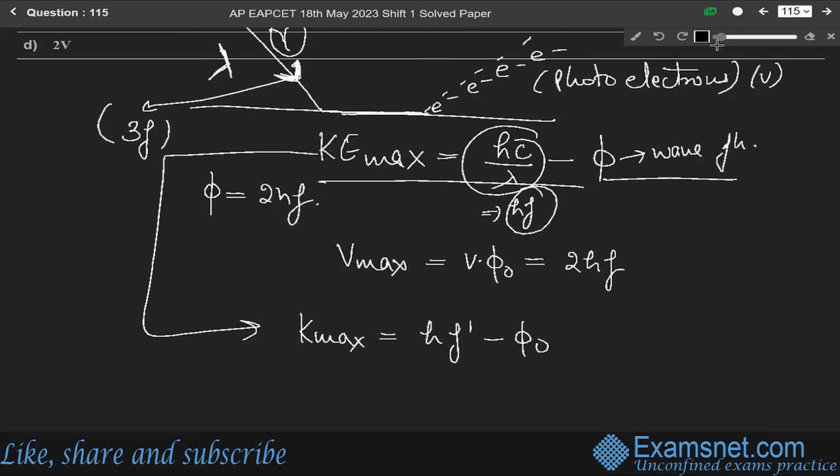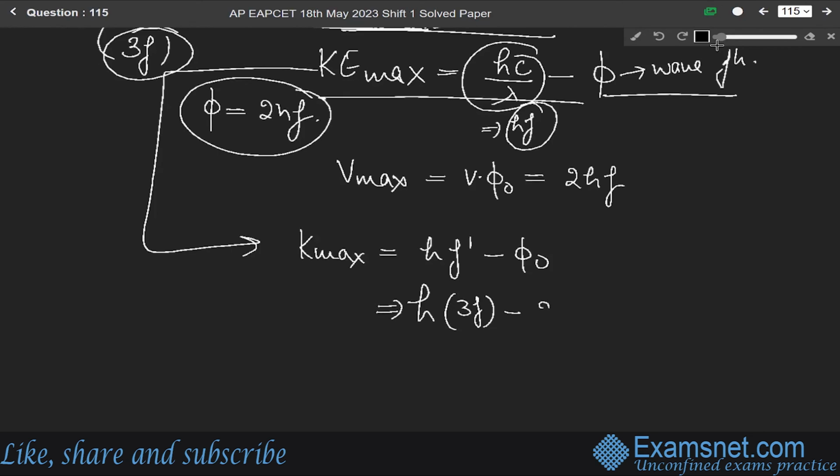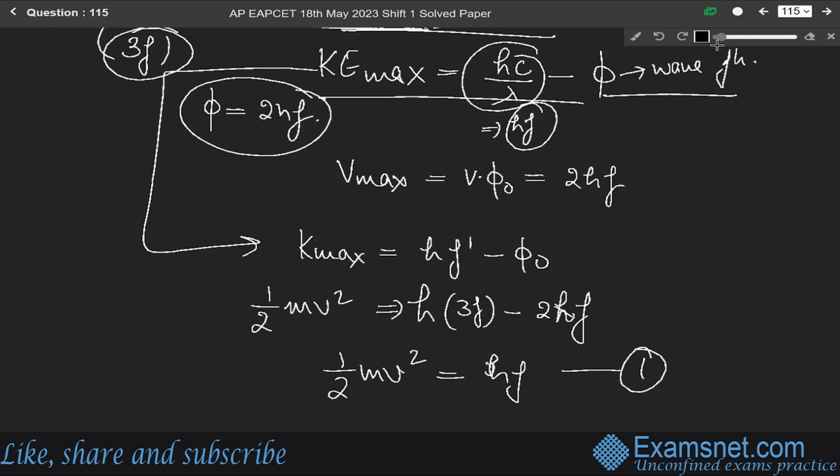So we write K maximum equals hf dash minus phi naught, okay? So this f dash is 3f, so we can write h into 3f minus phi naught. Phi is given as 2hf, okay? So we can write this kinetic energy, half mv square, equals 3hf minus 2hf, meaning hf. Let us say this is equation 1, okay?